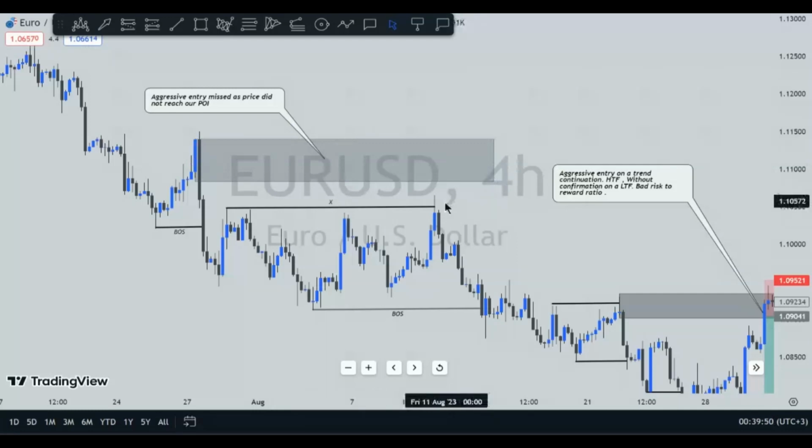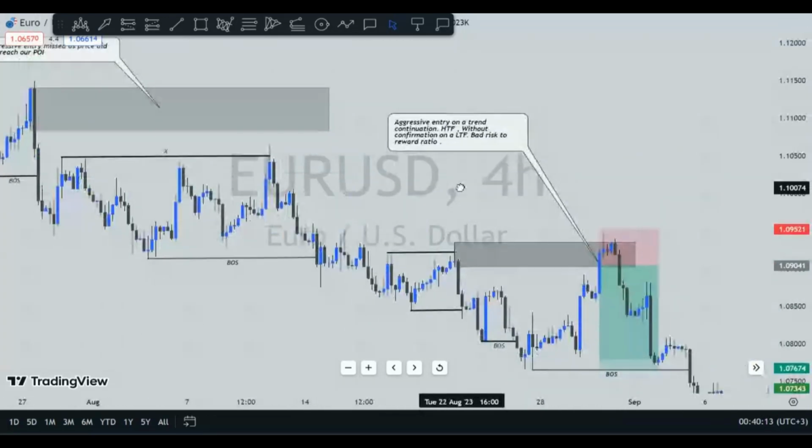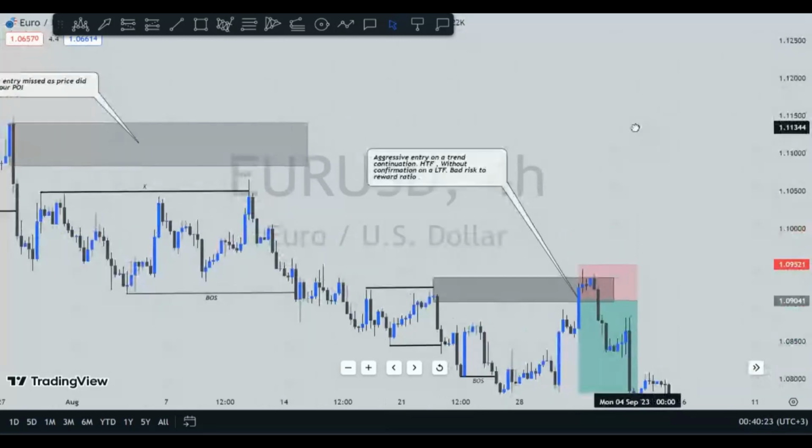So if I were to enter aggressively, I'd miss out on this trade because price did not tap this POI, but instead took out liquidity right here and then reversed from there. I hope you understood what an aggressive entry looks like.